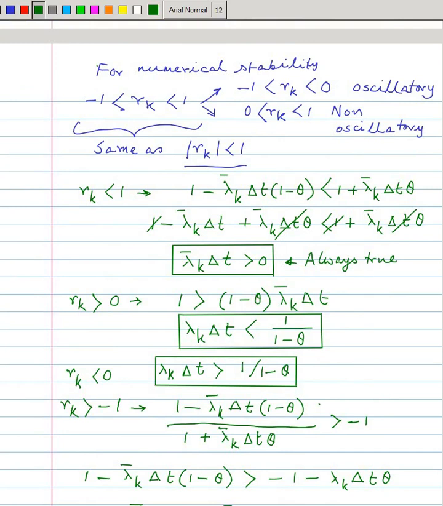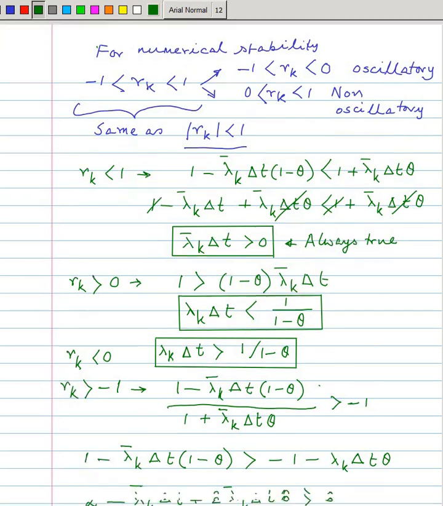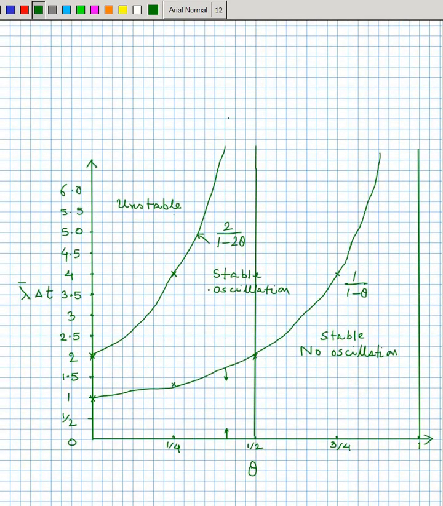Greater than 0 means R_k is less than 1, and lambda bar delta t less than 1 by 1 minus theta means R_k greater than 0. So between these two, it is a stable numerical scheme with no oscillation at all.